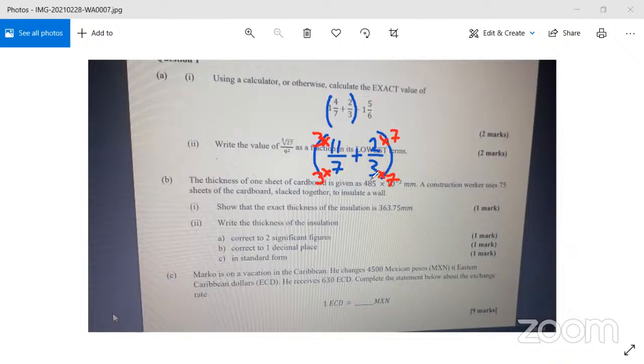3/3 times 11/7, 7/7 times 2/3. So this is going to be 33/21 plus 14. So let's say 33 and 14. So we're going to have 47 over 21.